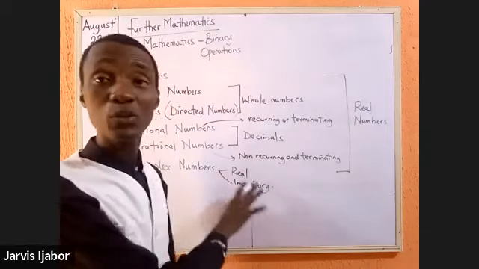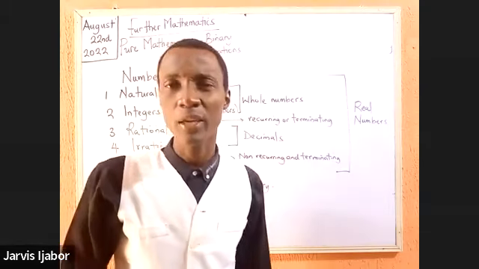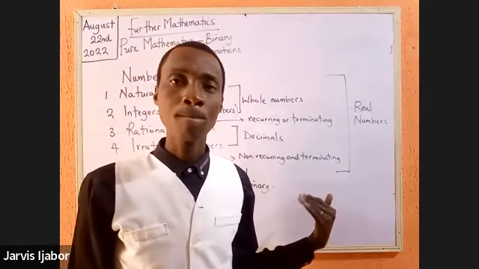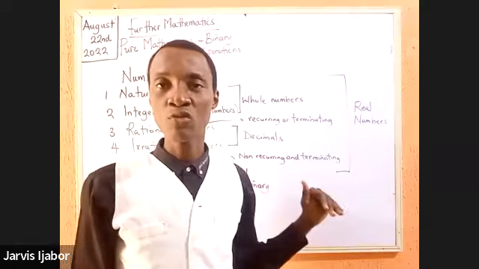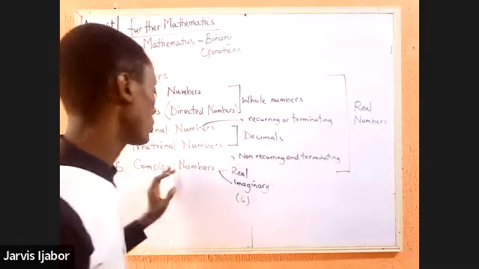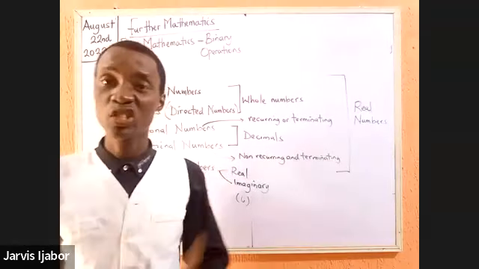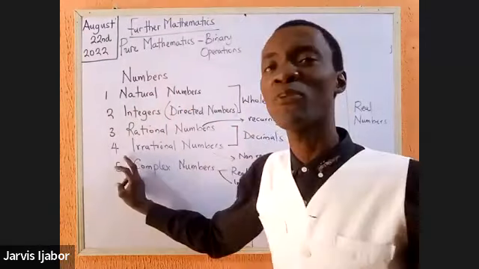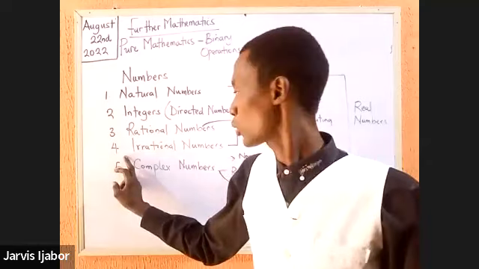I won't go deep into this because this is really not your secondary school level mathematics, but for those of us who will be planning to go into courses like engineering, computer science, and the like, you should know that there is a fifth type of number, which we call complex.